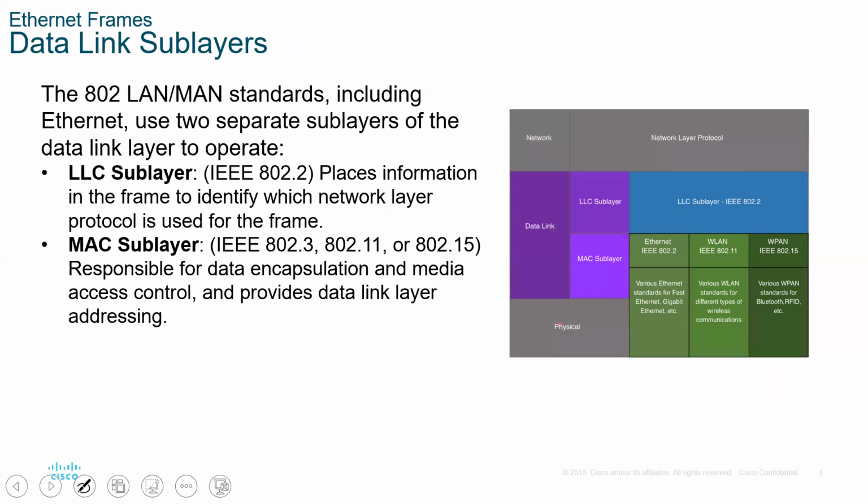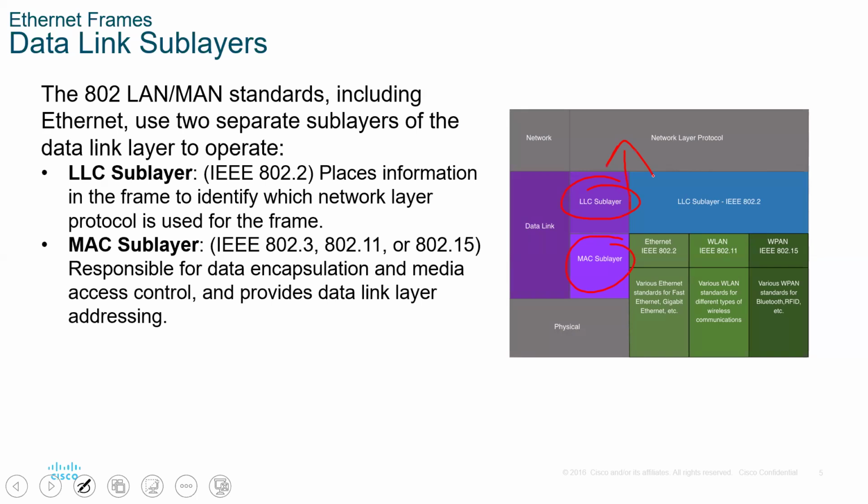Now, the data link has two sublayers, like we said yesterday: the logical link control and the media access control. So the 802 LAN/MAN standard, including Ethernet, uses these two separate layers. The logical link control places information in the frame to identify which network layer protocol is used, because it relates with the upper layer.